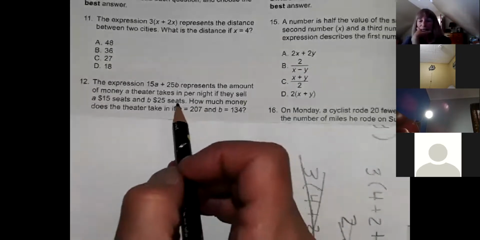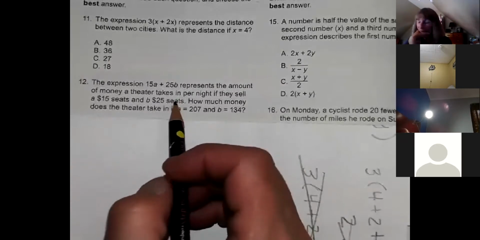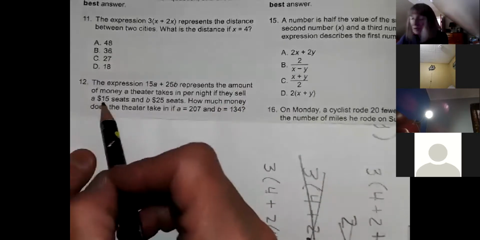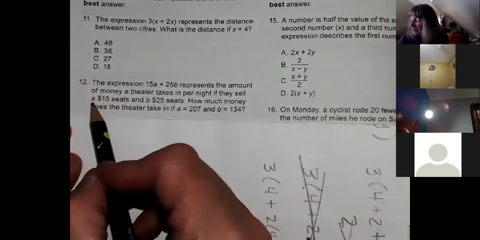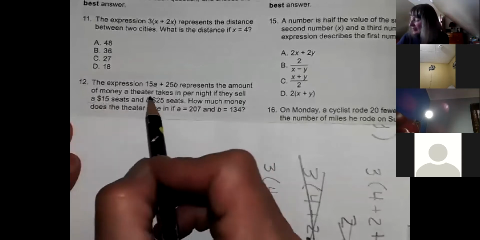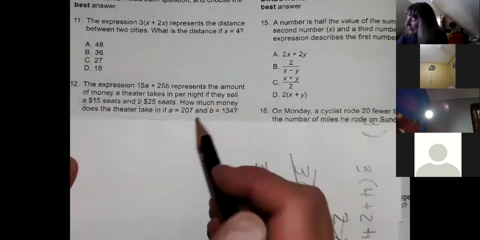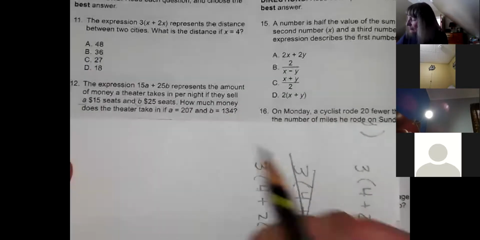I can see how this would be horribly confusing, because someone might think they're going to sell a $15 seat. But no, this means an unknown number of $15 seats and a different unknown number of $25 seats. How much money does the theater take in if A equals 207 and B equals 134?